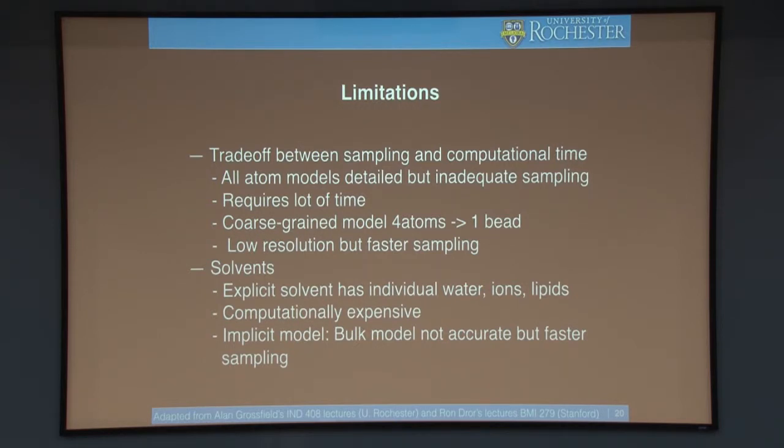We can also use explicit and implicit solvents. So instead of using all the waters and all the lipids, we can create it like a force acting on the atoms of interest. So if you have a protein in a lipid and we have the lipids as implicit solvent, we are just acting some forces on it instead of defining each atom in the lipid, each atom in the water.